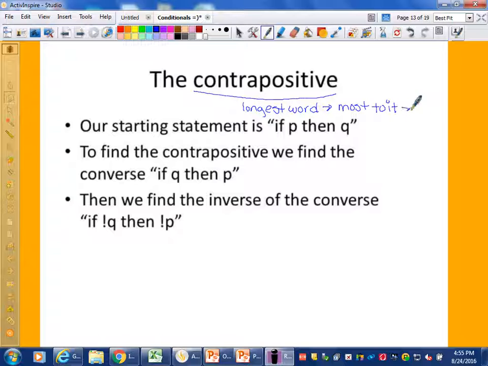And by that, if you look, it means you're taking the converse and the inverse. So I like to say switch, which is the converse, and not, which is the inverse. That's how you can find your contrapositive really simply. Switch it and not it all at the same time, and you'll get your contrapositive.